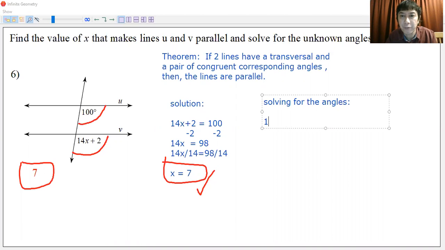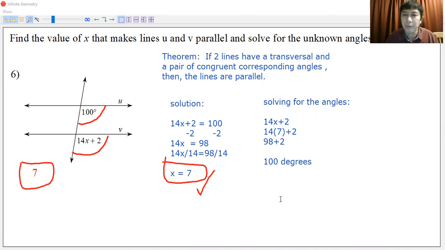So we will use the 14x plus 2. 14 times the 7 plus 2 means 98 plus 2, which means 100 degrees also. So this is our solved answer, 100. And so we continue with number 7.